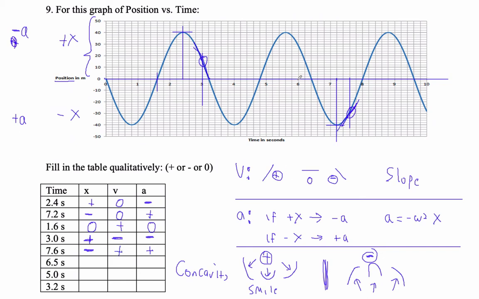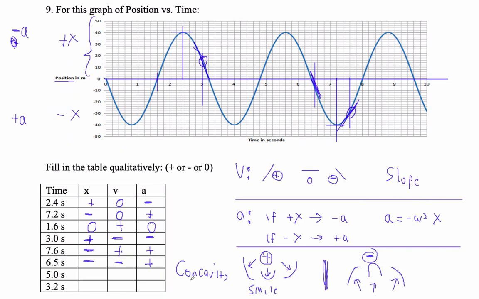Let's go 6.5, which is right here. Our x is negative. Our velocity is negative, because that's the slope of this guy. The slope is negative there, and our x position is negative. And then because x is negative, the acceleration will be positive.